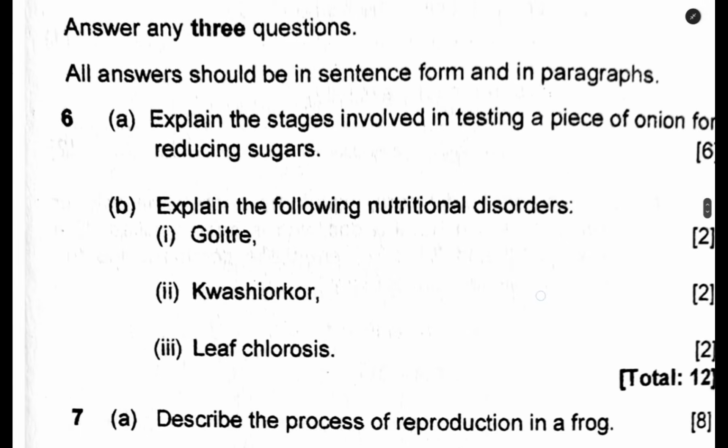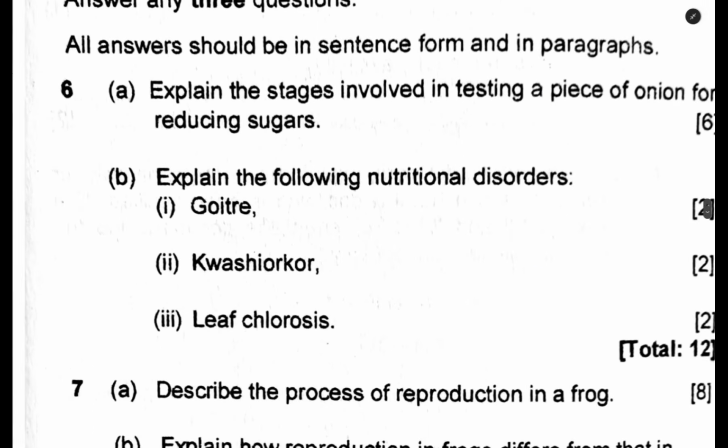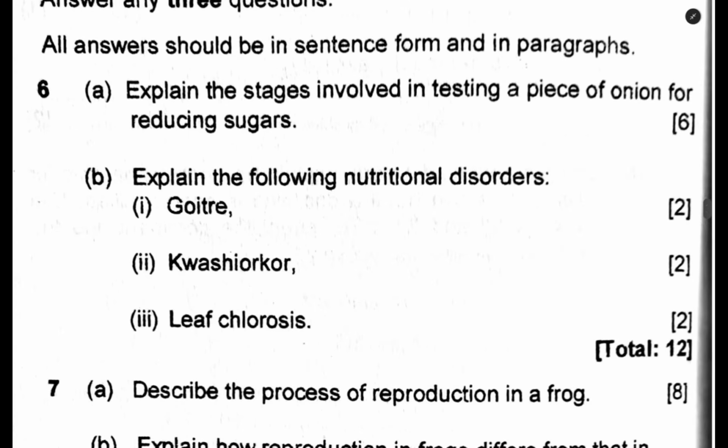Then for this one, explain the stages involved in testing a piece of onion for reducing sugar. Wow, this is one of the questions that some of you might not even expect. What are the processes involved in testing the onion for reducing sugar?